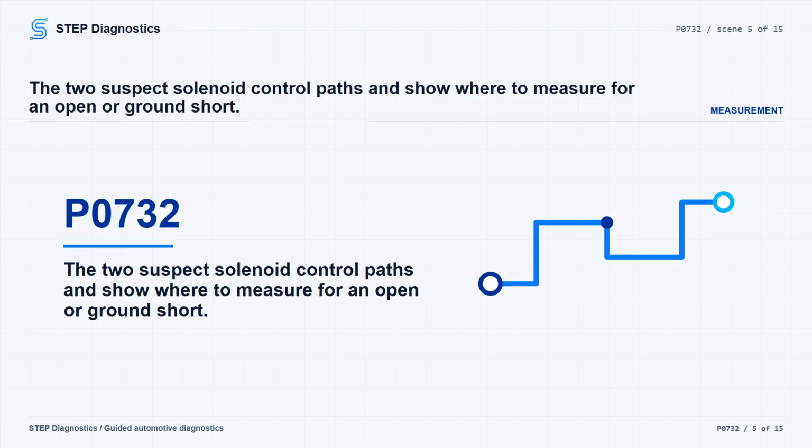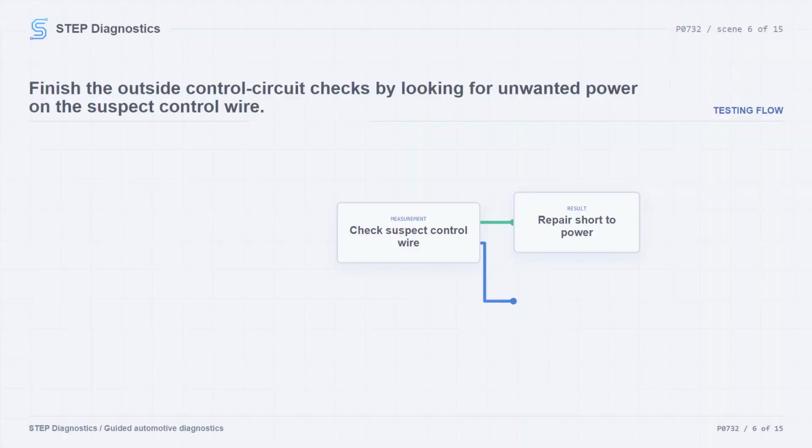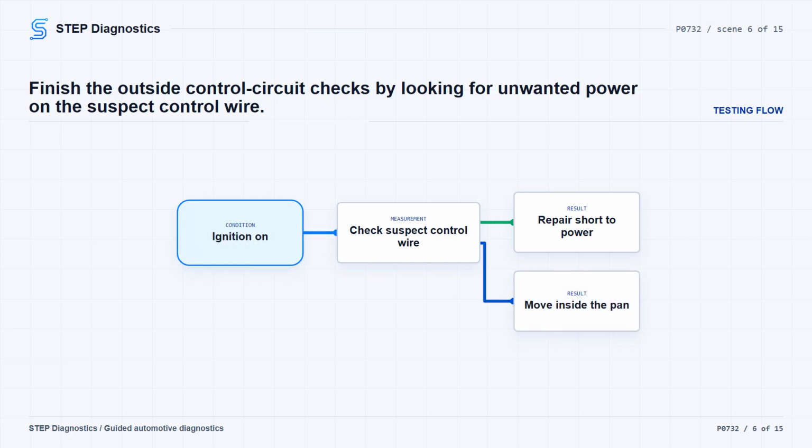If no, repair the open circuit. Then check that solenoid control circuit for a short to ground. For the TCC solenoid, measure C168A pin 25 to ground. For the line pressure control solenoid, measure C168A pin 24 to ground. The pass point is the resistance greater than 10,000 ohms on the suspect circuit? If yes, continue. If no, repair the short to ground.